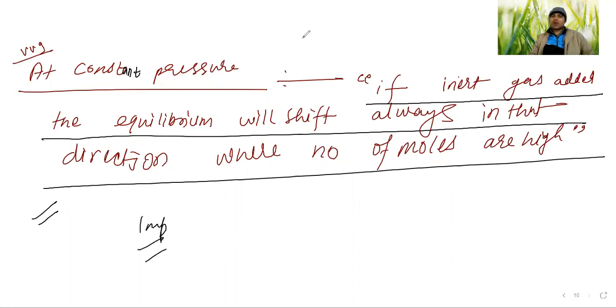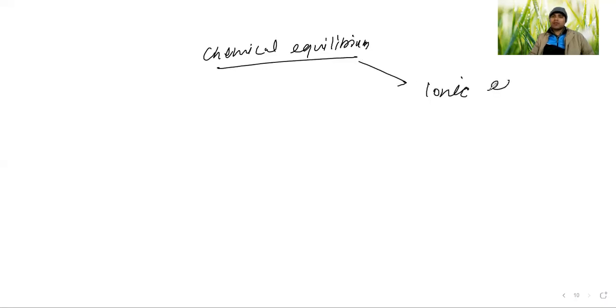So Janab, this is all about chemical equilibrium, right? Chemical equilibrium is over. We studied a little fast. What do you want tomorrow? Either we can go to ionic equilibrium, or we can do practice problems. You let me know.